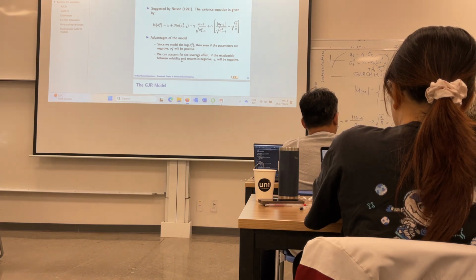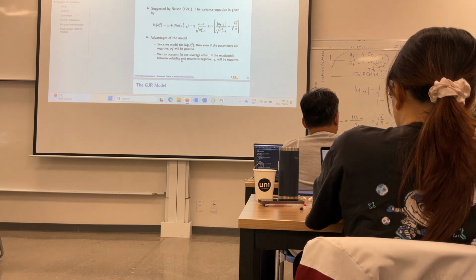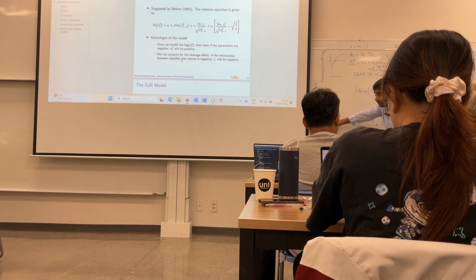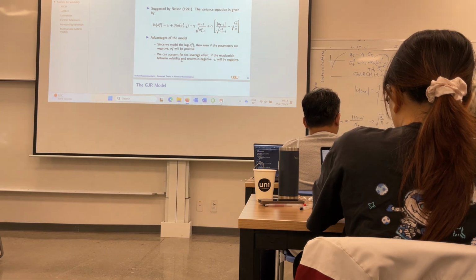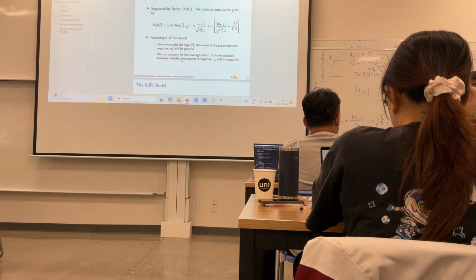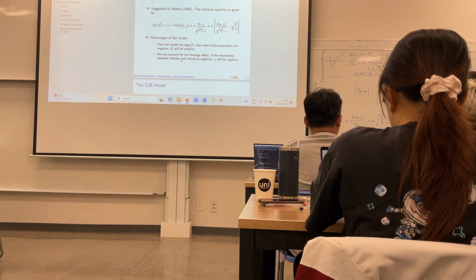Well, this is a constant, so that doesn't matter. If gamma is positive, well, let's say gamma is positive. Right? Well, it doesn't matter if gamma is negative or positive. Let's say alpha is negative.